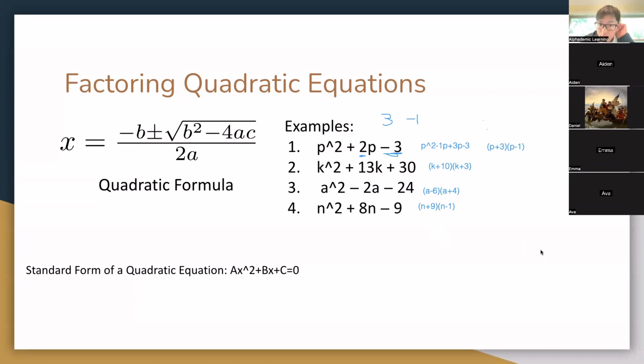For some of these, just make sure. For number 2, why it wouldn't be k minus 10 times k minus 3, is because if you multiplied that out, you would get k squared minus 13k plus 30. So just make sure that the positives and negatives are correct.